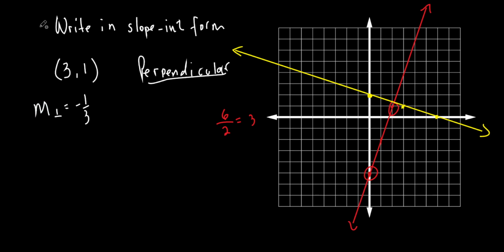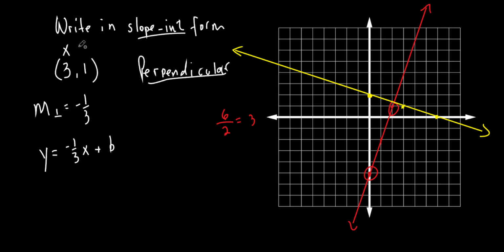Since we're putting it in slope-intercept form, let's use the slope-intercept form here. We could use point-slope form like we did on the last one. That would have been fine, but let's do it this way. Ready? y equals m, negative 1/3, x plus b. Do we know the x and the y?